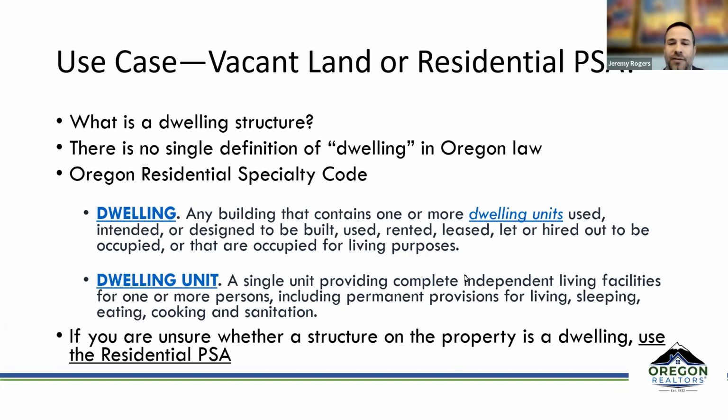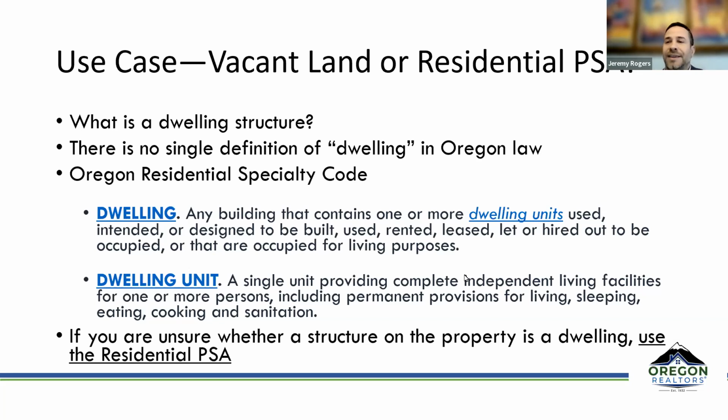That answers my question. Okay, great. What about an uninstalled trailer, RV style, not manufactured? Yeah, so if it's uninstalled and it's an RV, not a manufactured dwelling, then that RV is going to be personal property. The land would still be vacant land. Okay, and then presumably either that RV is going to be moved off the property, or if it was going with the property, you'd need to deal with that as a personal property transaction.